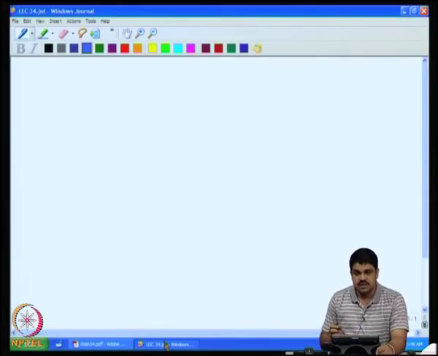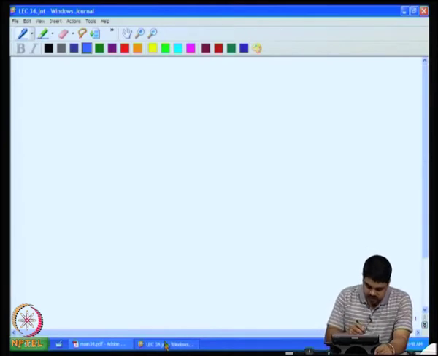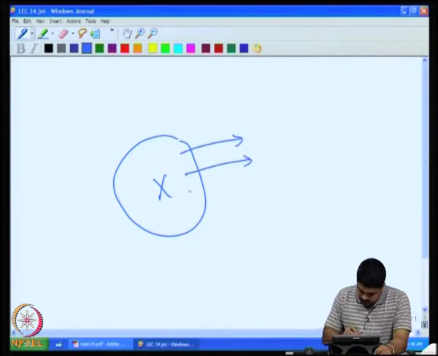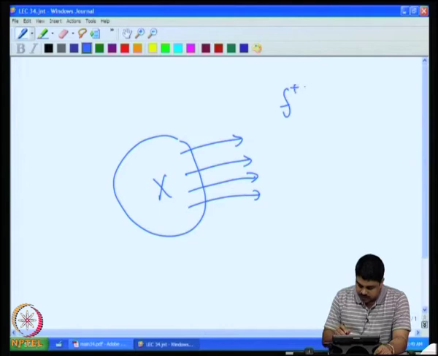For instance, suppose you have this graph and this is a subset X. Because this is the flow value here, what can I tell about f plus of X?